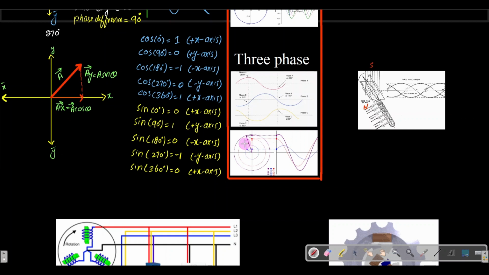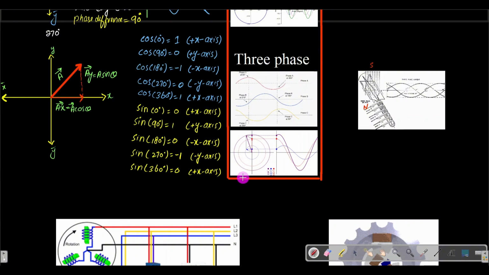The magnitudes of the vectors are the same, but their projections are different, because they are leading and lagging at different angles. Therefore the points are different. So this was about the three phase system.